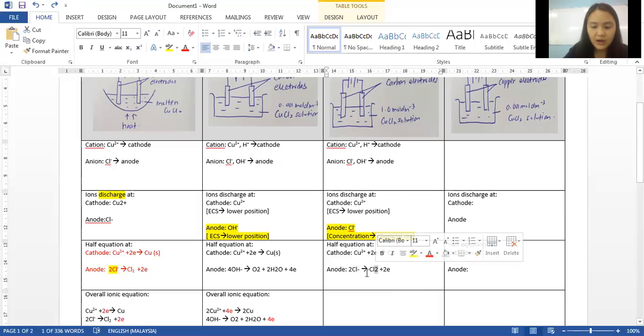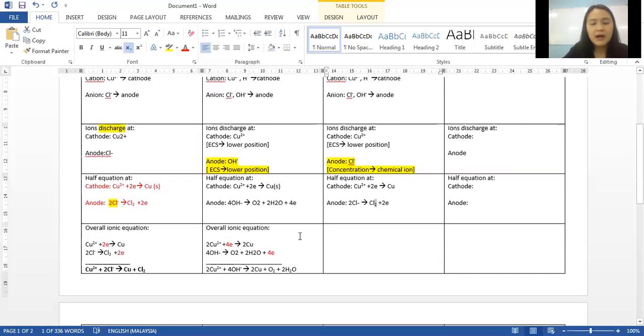Now you have your half equations ready. How about the overall ionic equation? You do the same thing. Overall means you need to combine both half equations together. So this is how I do it. I copy back my half equations for the cathode and anode.